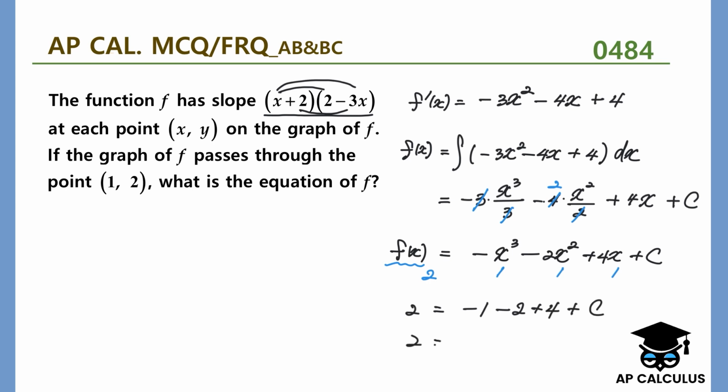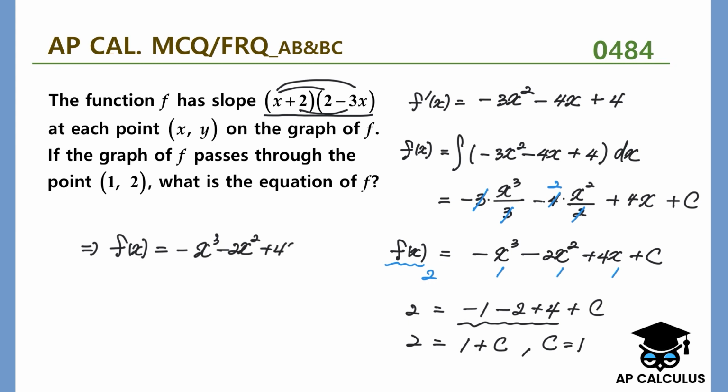So 2 is equal to, here negative 3 plus 4, that's positive 1, right? So c is equal to 1. So finally, our f of x is equal to negative x cubed minus 2x squared plus 4x plus 1, right?